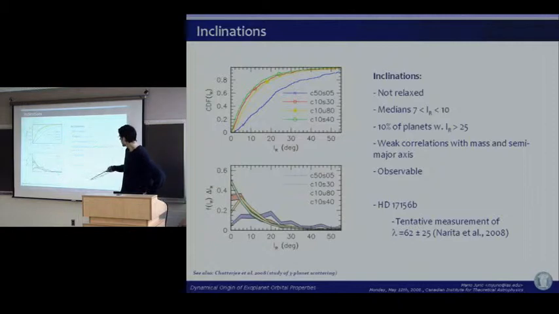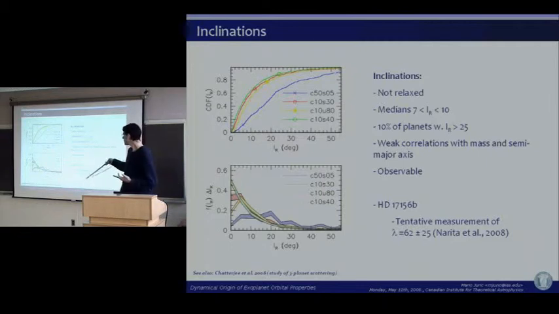The other one has a tentative measurement of misalignment of 62 degrees plus or minus 25. Note that these are huge error bars, and these authors, even in their title, have a huge disclaimer. I think the title is something like 'candidate misalignment'.